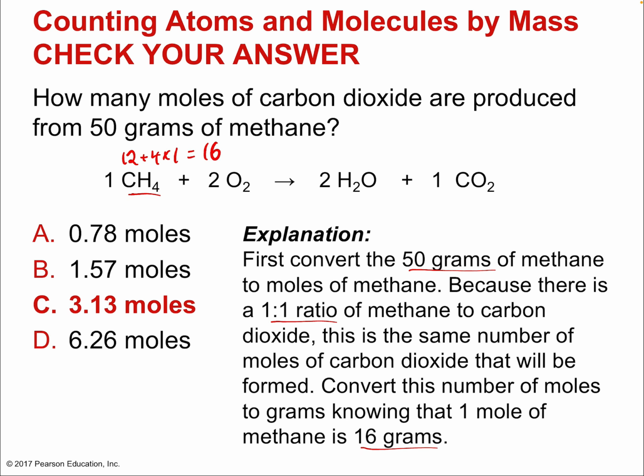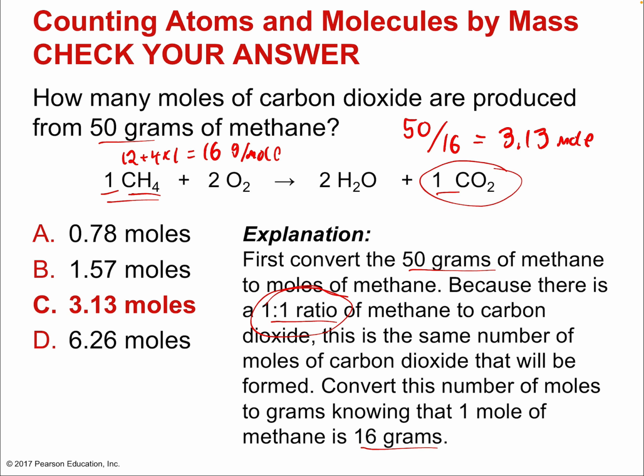Well, if there's 16 grams per mole for methane, then how many moles is this? If there was 50 grams of it, then I simply take 50 and divide by 16. So 50 divided by 16 gives me 3.13 moles. And then that 1-to-1 ratio says that there must be the exact same number of moles of carbon dioxide.